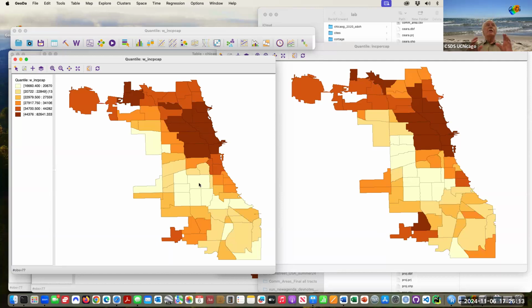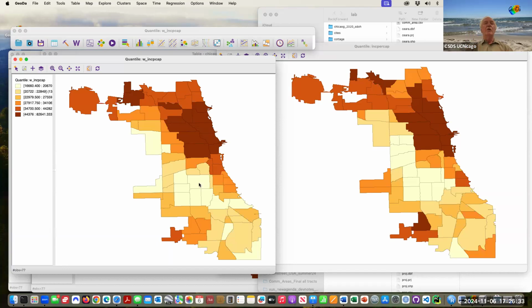So this is what we're trying to quantify. You know, we can eyeball it, and maybe with 77 community areas, you can more or less tell what's going on. If you do 800 census tracts, eyeballing is going to become difficult, right?